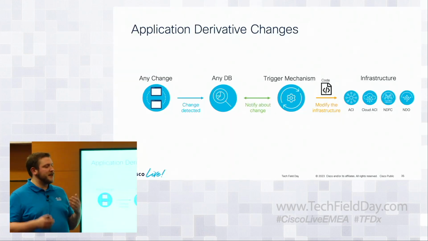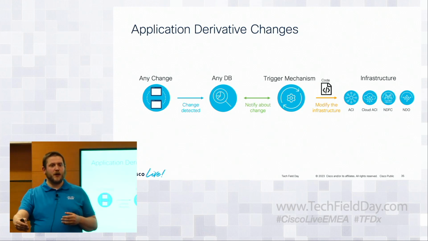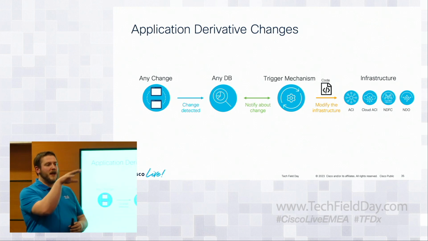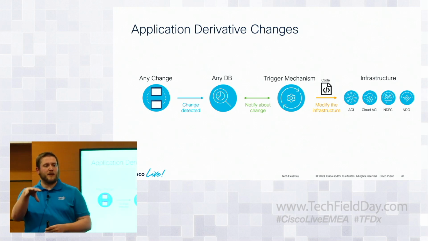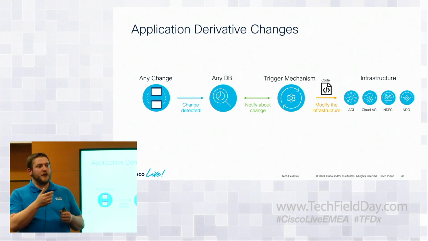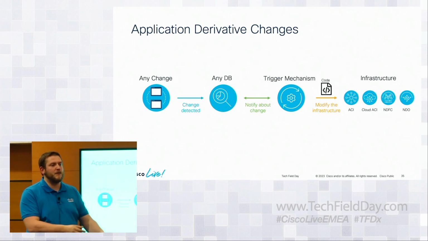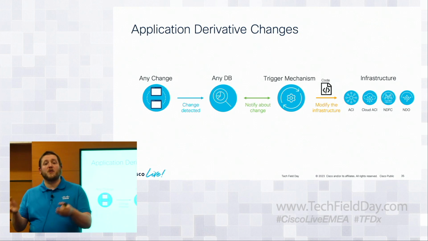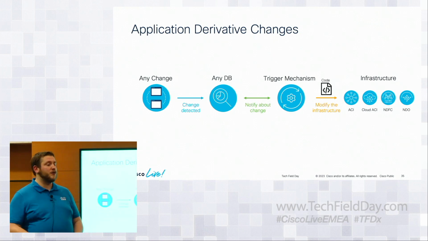One of them is pushing this concept one step further, removing the application completely and generalizing from any change to any database that can have a trigger mechanism into the infrastructure. This is the idea of taking not only changes from applications, but maybe from tools you already use, like a CMDB or a tool like Netbox.